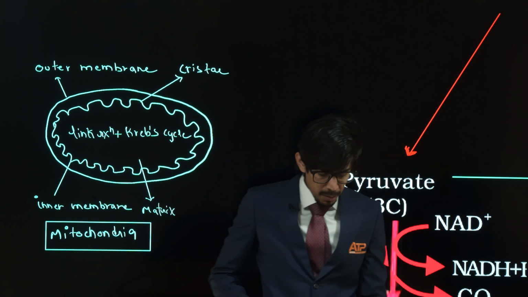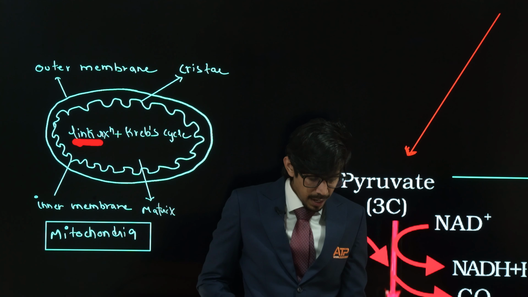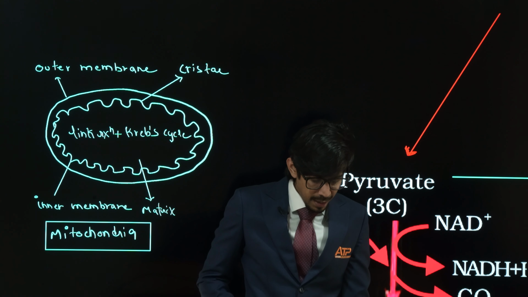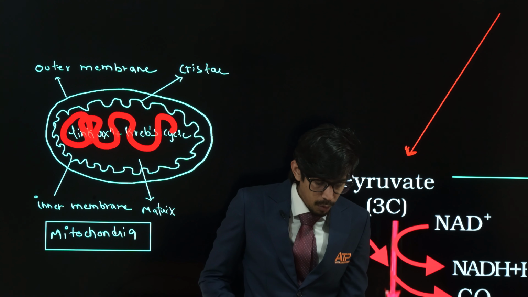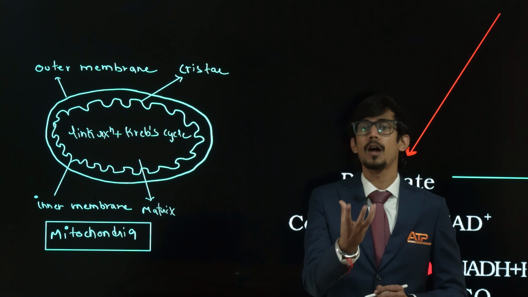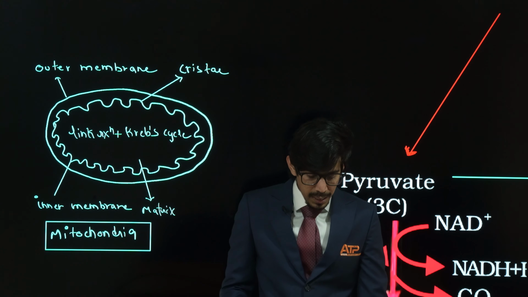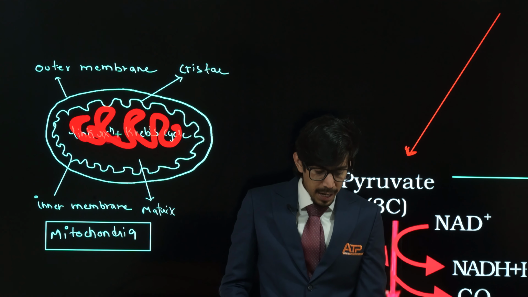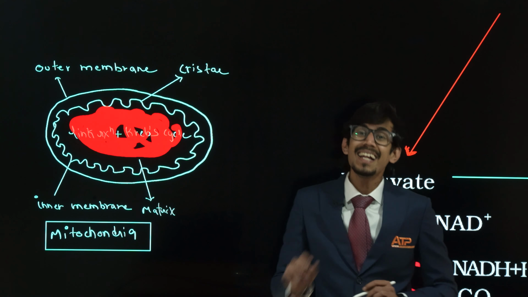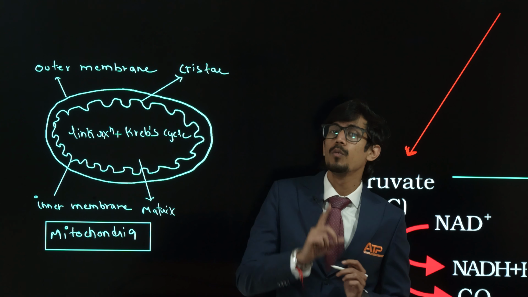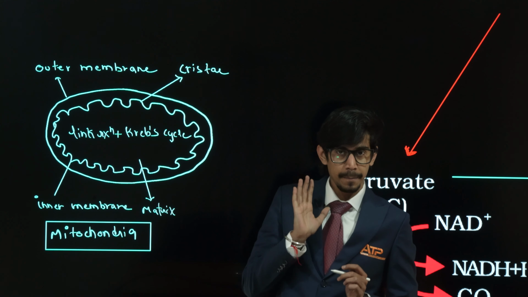For now, we will focus on link reaction and Krebs cycle, which takes place in the matrix of mitochondria. Matrix means the ground substance, right? Okay, so the jelly-like matrix which is present here, this is where the link reaction and Krebs cycle will take place. Fine.